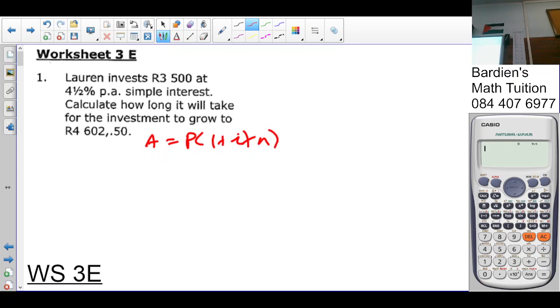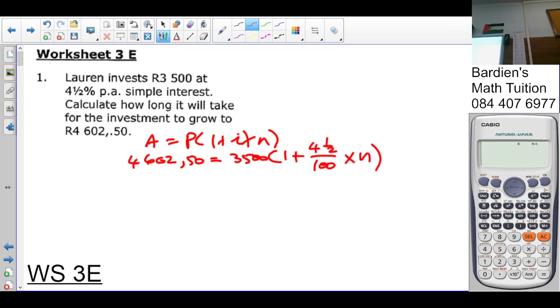So your A value, the final amount, is 4,602 rand and 50 cents, equals P, which is 3,500 rand, into 1 plus I, which is 4.5 divided by 100, 0.045, or we just say 4.5 over 100, times N.